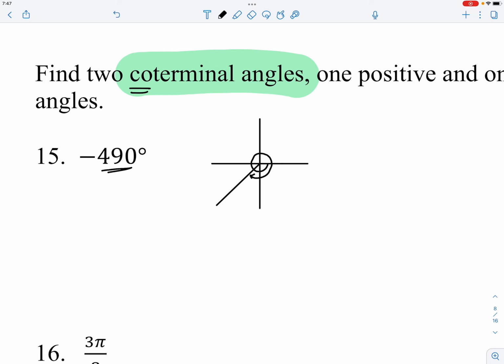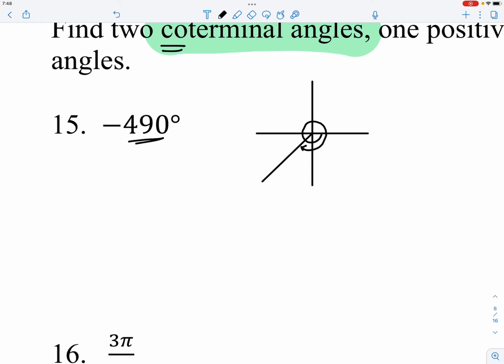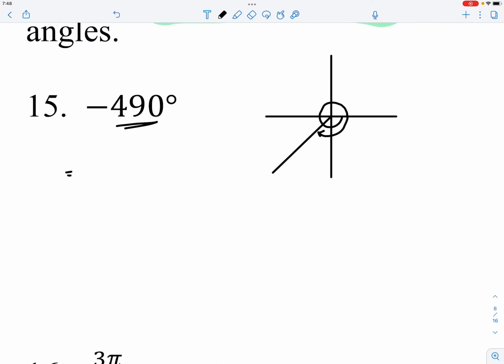So this would be the terminal side right here. So I can write the negative coterminal angle, which is negative 130, because you can simply add 360 to negative 490, and that would give you negative 130.